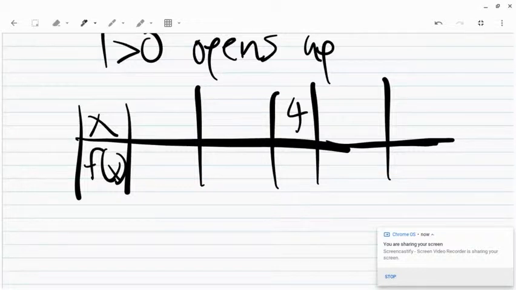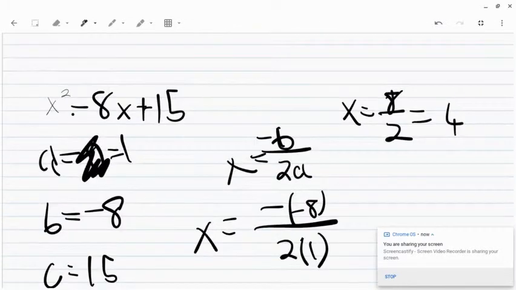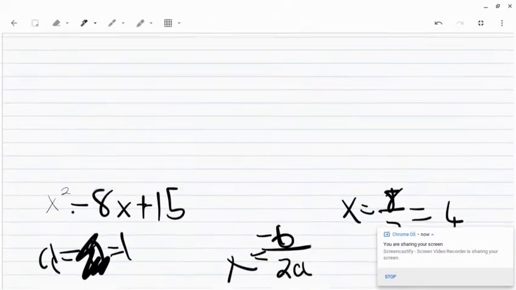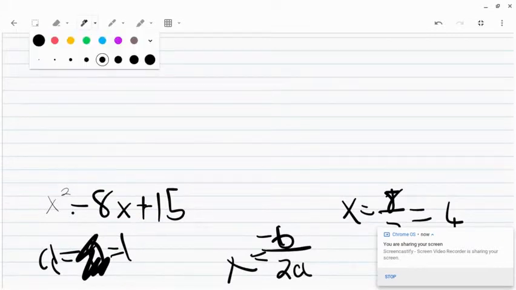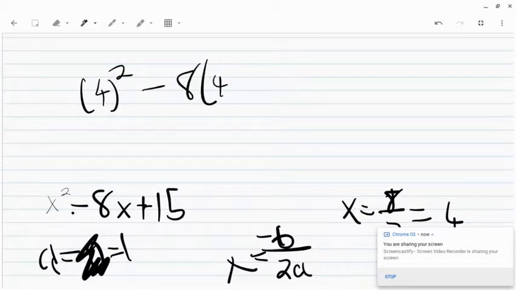So now we're going to find the vertex, and to do that, all you have to do is plug x into the equation, x squared minus 8x plus 15. So all you have to do is 4 squared minus 8 times 4 plus 15.